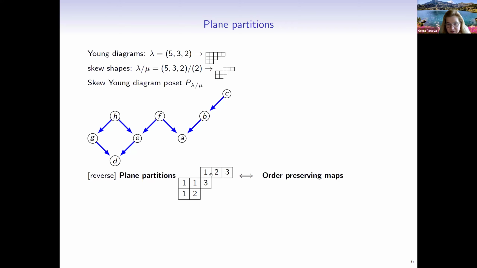And now from this description and the fact that this is really a partially ordered set, you get that these plane partitions are in fact order preserving maps. So this assignment of numbers is respecting the order of the boxes.